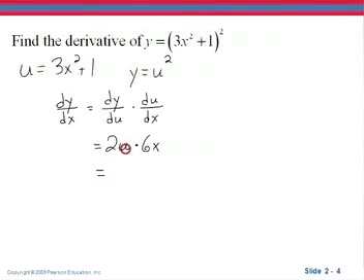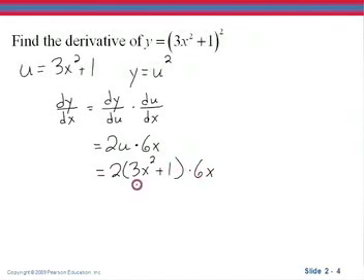Now, we need to substitute back in u because our original problem did not have u, it had x. And so we plug our u back in. u was 3x squared plus 1. Now this can be simplified.